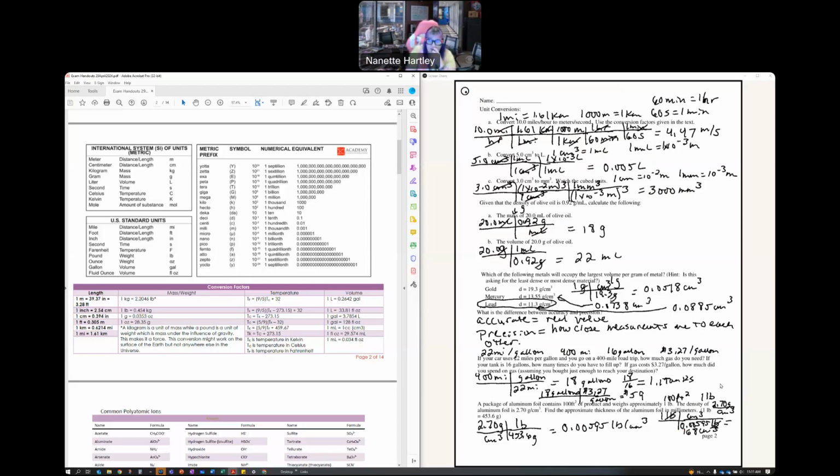The other thing that I know is that the aluminum package of foil contains 1,000 feet squared. So I want to go from feet to centimeters. And I can do that because I know that 1 foot equals 0.305 meters, right?